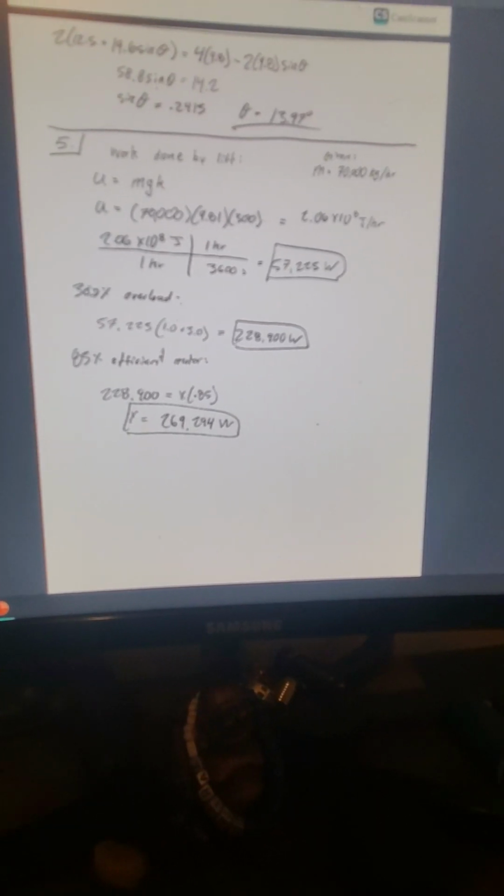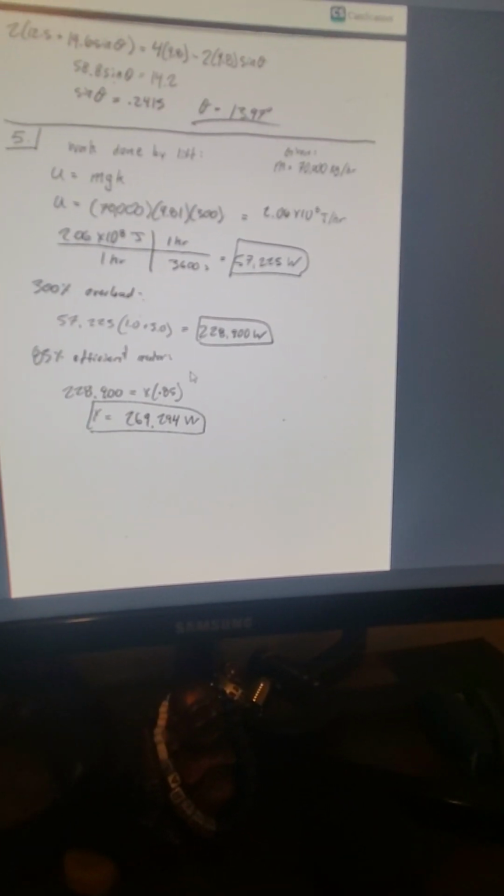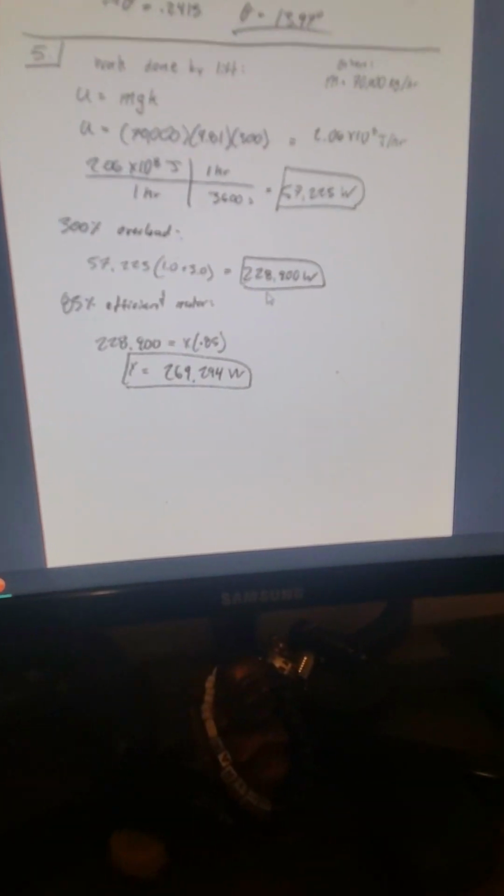And then for the 300% overload, you basically just need 300% extra. So I have the 100%, which is how much we currently need, and then the 300% extra gives you that many watts. And then the motor is 85% efficient, so only 85% of the power going to the ski lift actually goes to moving the skiers up the hill.